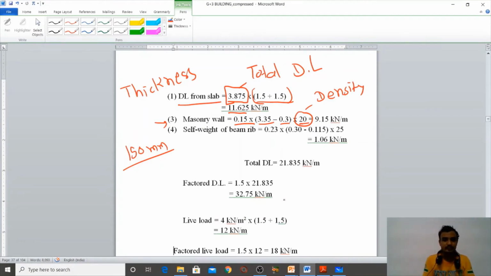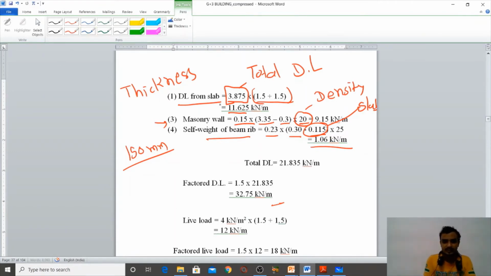Then the self weight of the beam: 0.23 width of the beam, 0.30 minus 0.115, where 0.115 is the slab thickness which we calculated earlier. So 0.115 is deducted from the 0.30, into 25. The value is 1.03.